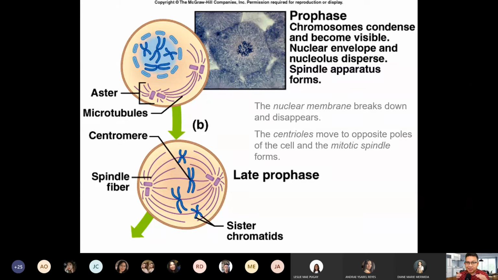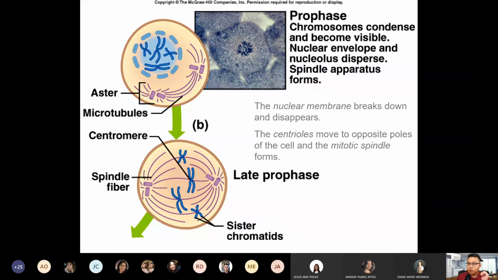Like the layer of your skin, not all cells are in the same phase of cell division. It's irregular. And not all cells in the human body replicate at the same time. That's why hair grows faster compared to nails, because of their different rates of cell division.